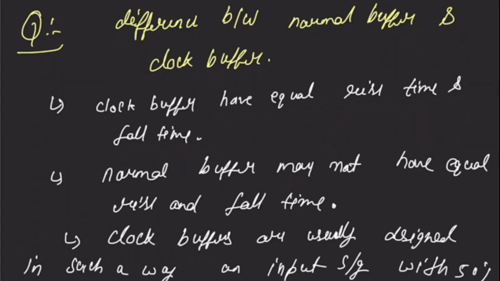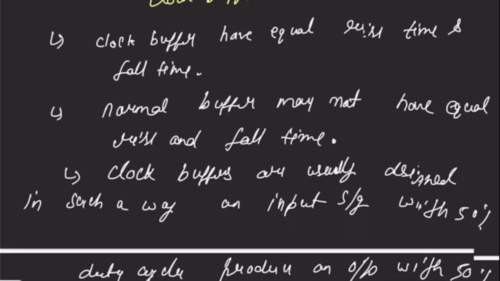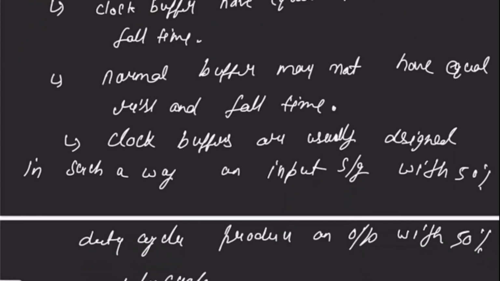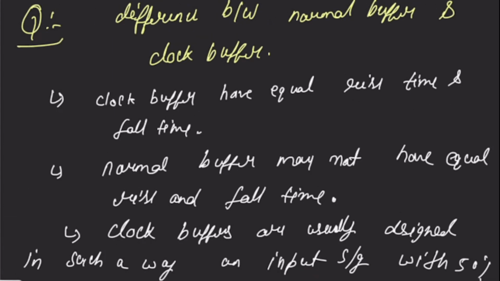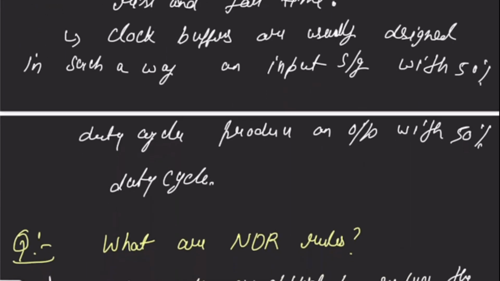Clock buffers are usually designed in such a way that an input signal with 50% duty cycle produces an output signal with 50% duty cycle. So these are the main differences between a normal buffer and a clock buffer.